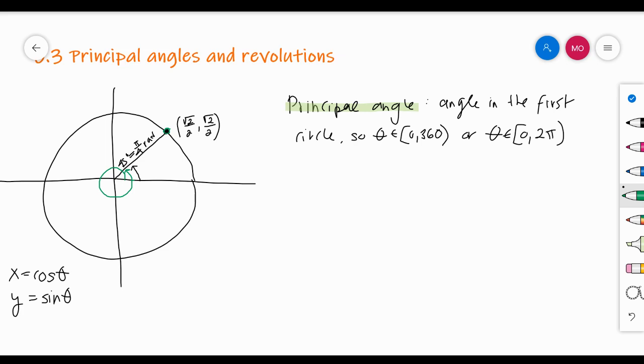So really this angle is not just 45, it is also 360 plus 45, because it leads us to the same point. I'm going to zoom in on this so I can write something that's actually readable.